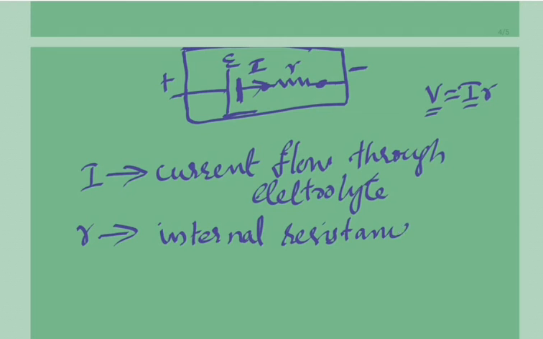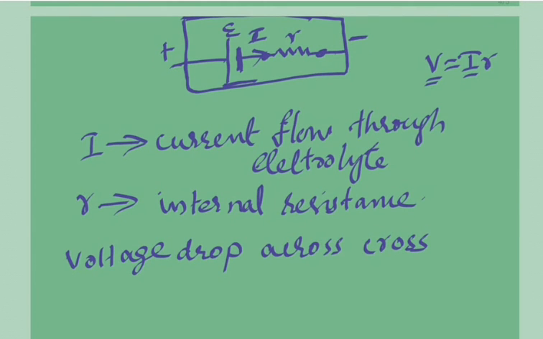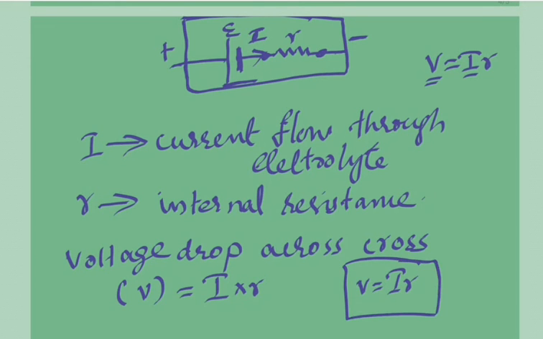Then you can say that the voltage drop across the cell, that is, whatever voltage is lost across the cell due to the internal resistance, can be represented using small letter V, is equal to the current flowing multiplied with the resistance, that is, small v is equal to I multiplied with the internal resistance. So this much voltage will be dropped in the cell due to the resistance.